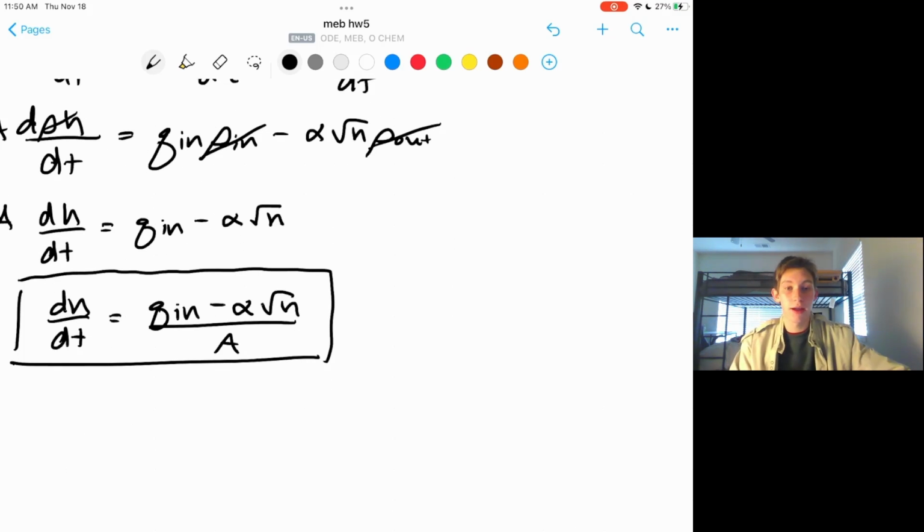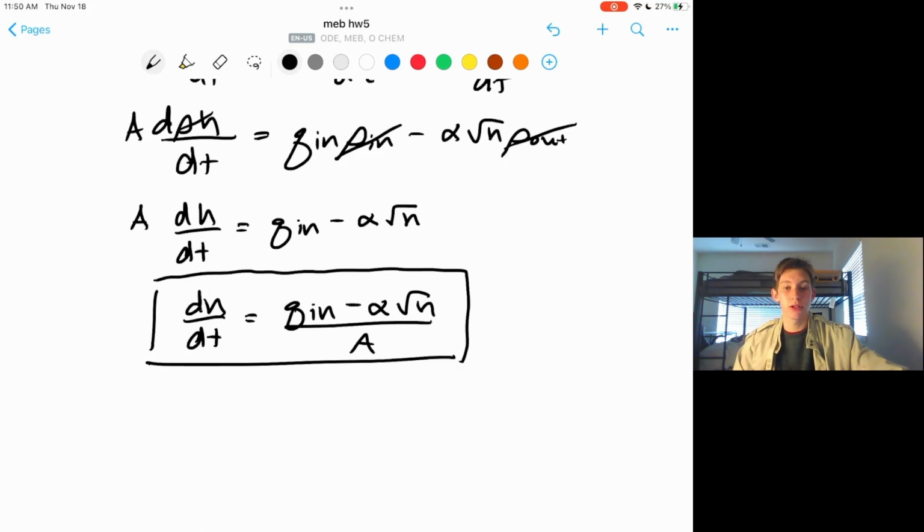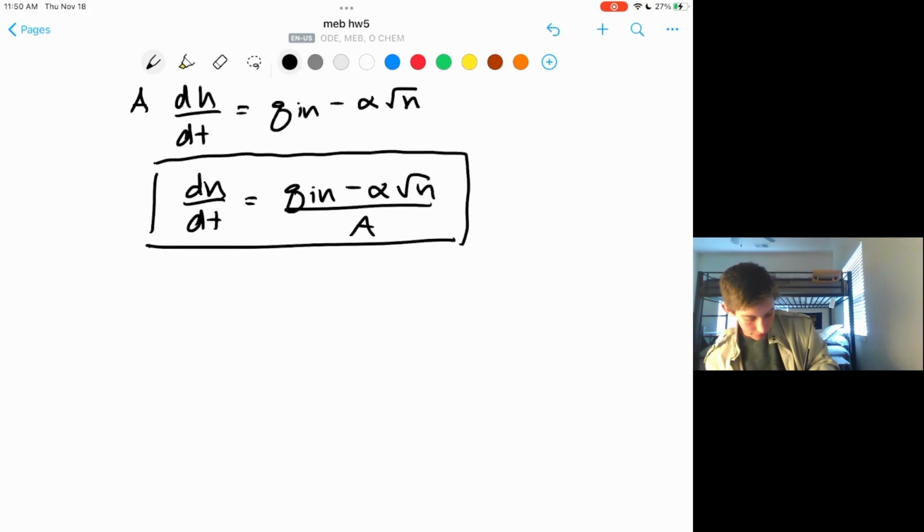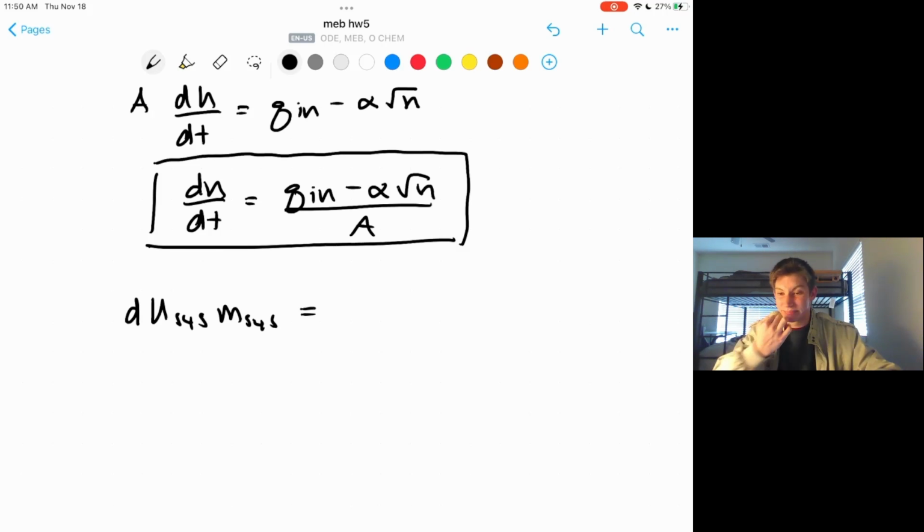So now we need to derive the differential equation for the change in temperature, and we can start doing the same thing, except we're going to look at energy balance. Essentially the change in the energy of the system times the mass of the system equals all of the energy going in minus all the energy going out plus the non-flow work and the heat.